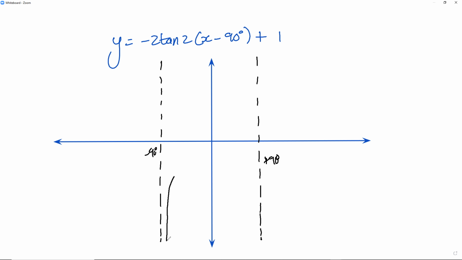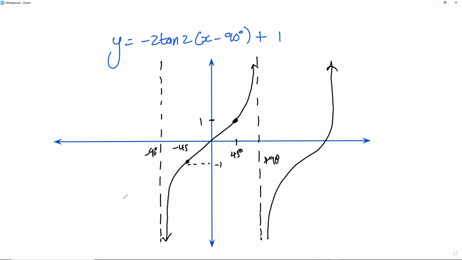So it's going to go like this, and this way, coming back up this way. This graph will, on a normal day, at 45 degrees equal 1, and at negative 45 degrees equal negative 1. It then repeats itself in that same fashion with the asymptotes at negative 90 and 90, etc.